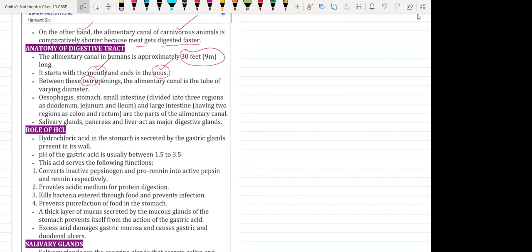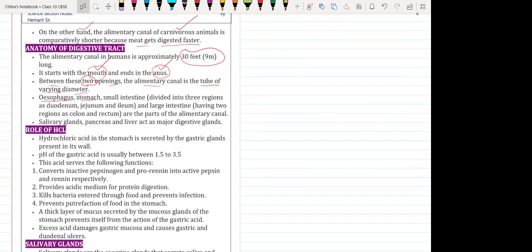Human beings have a complete digestive system. Between these two openings, the alimentary canal is a tube varying in diameter; somewhere it is thick, somewhere it is thin.